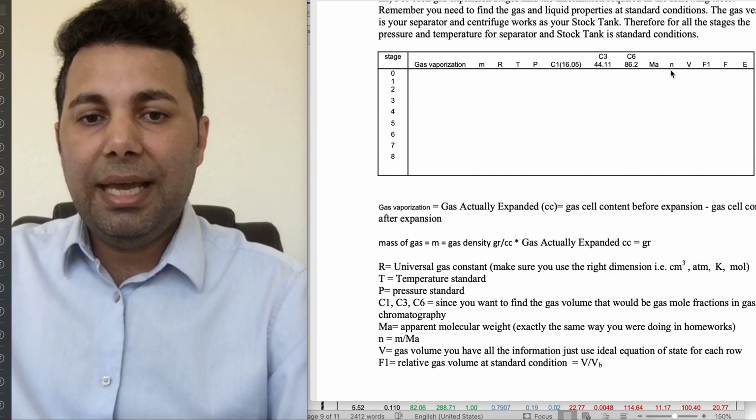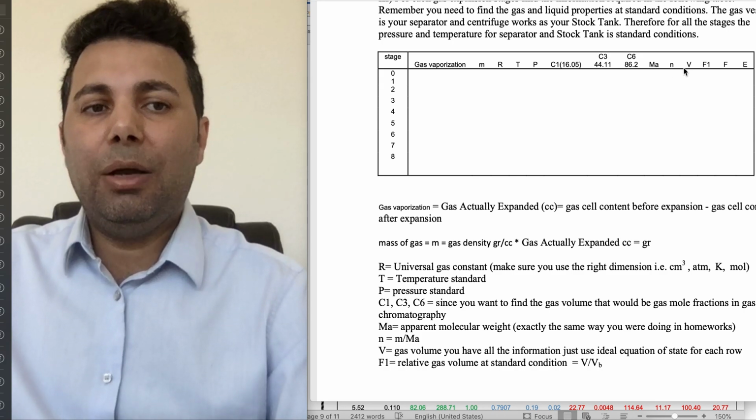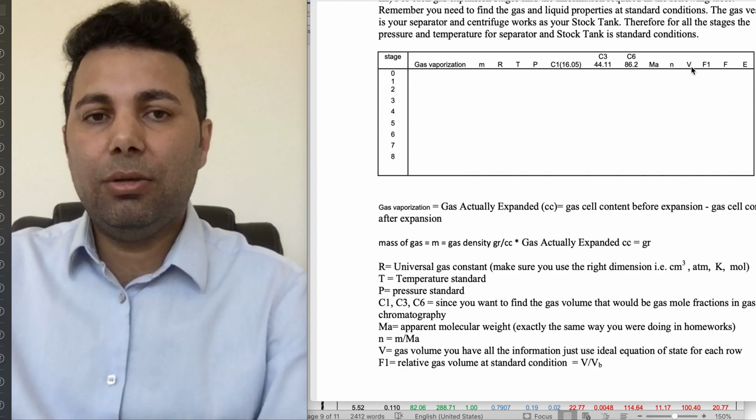Then you need to find n. What is n? n is the mass over apparent molecular weight. Mass, you have it; that's the second column. Apparent molecular weight, you have it. So mass over apparent molecular weight gives you n, the number of moles. Now you need to find V, the gas volume. So PV is equal to nRT.